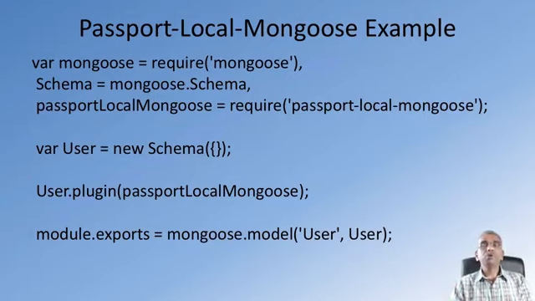This module automatically, as I said, adds the username field and also a hashed password storage field, using a salt value that it uses for doing the hashing. It also provides additional methods that enable us to configure our Passport Local strategy.